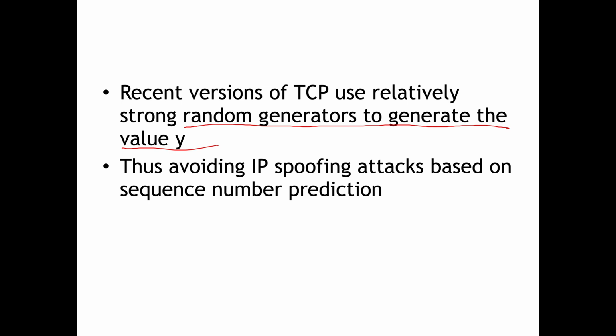Instead, the initial value of y must be random. And this means that it's impossible to predict sequence numbers.